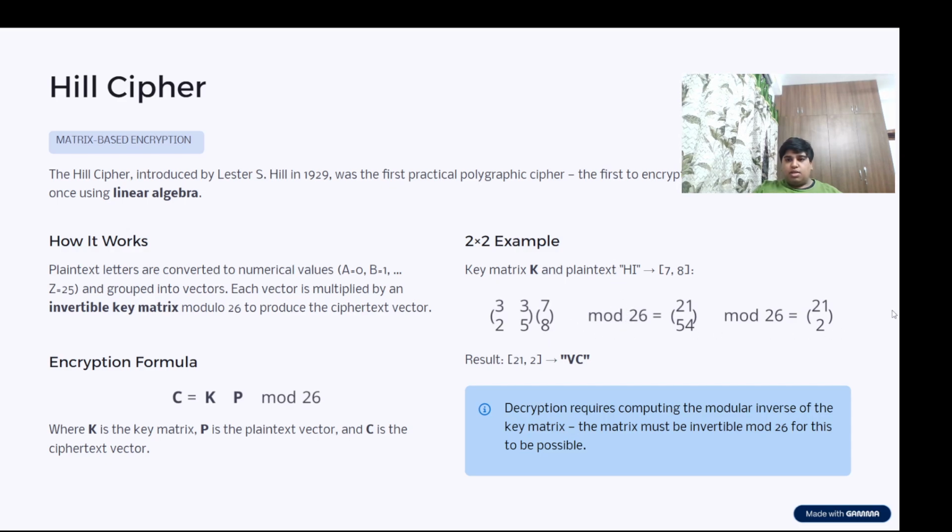If we calculate using this formula, you will get the result 21 2, which, using the numbering scheme A equals 0, B equals 1, gives the text VC. So this is the encryption process. When it comes to decryption, it requires computing the modular inverse of the key matrix. The matrix must be invertible mod 26 for this to be possible.